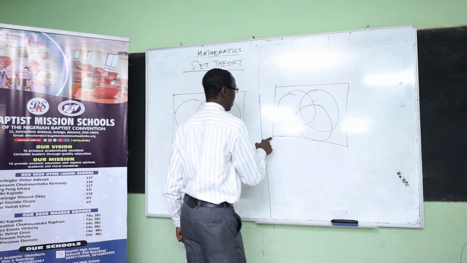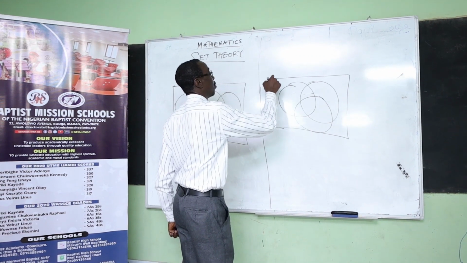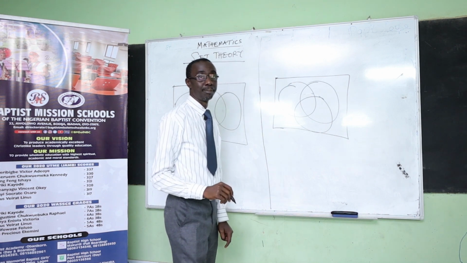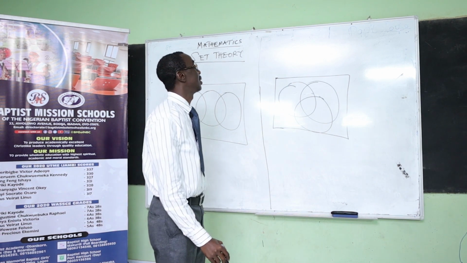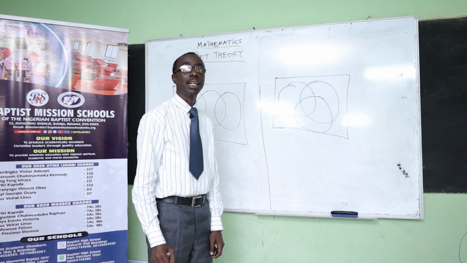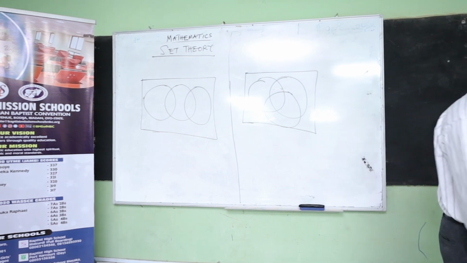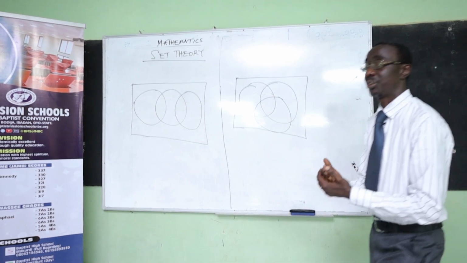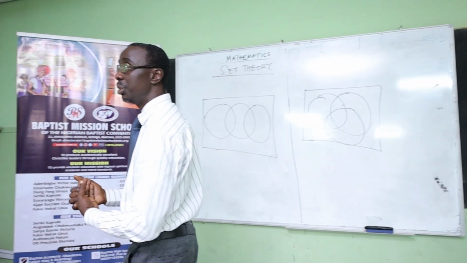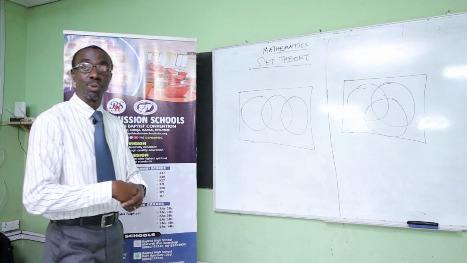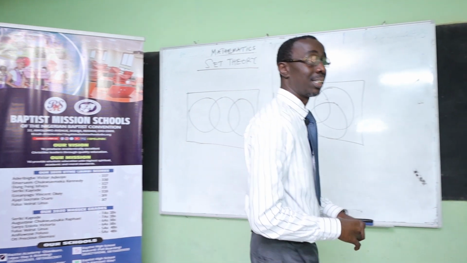It will help us to review this topic by looking at 1 or 2 questions on set theory. I will take my time to take us back to what an intersection of a set is, what a union is. If you have 3 subsets, if you are talking about A intersection B union C, what is the interpretation?